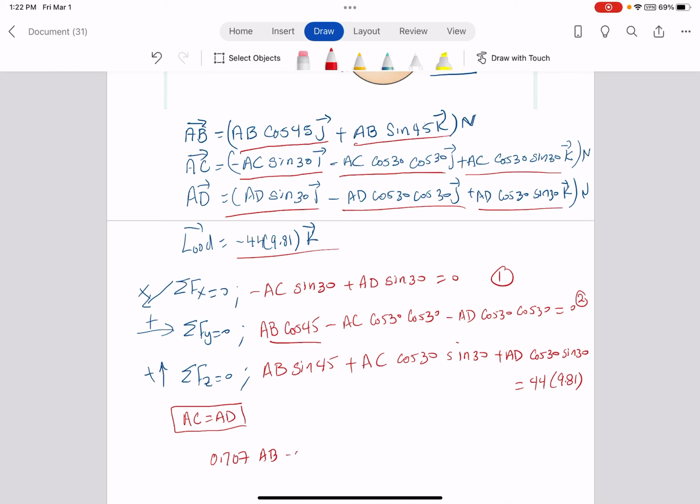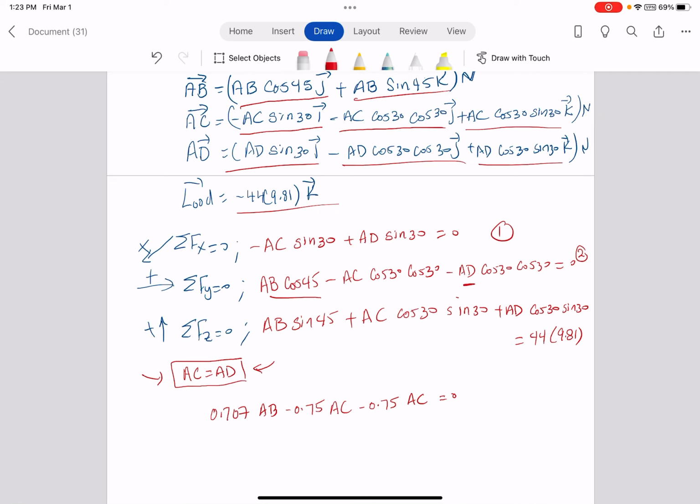So this is minus 0.75 AC. Now, we mentioned that AC and AD are equal, so I'm going to make it AC, because AC and AD are equal. So cosine 30 also, minus 0.75. I want to make the whole thing two unknowns and two equations to make it simple for me.